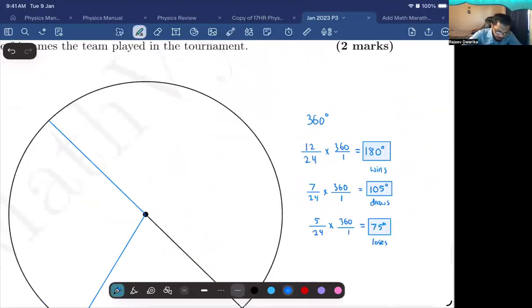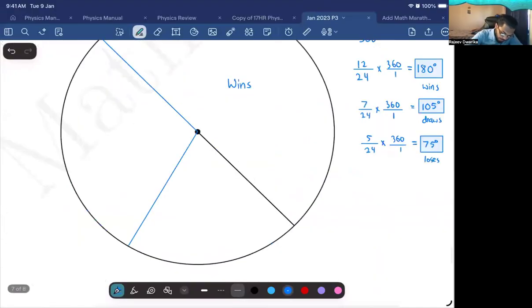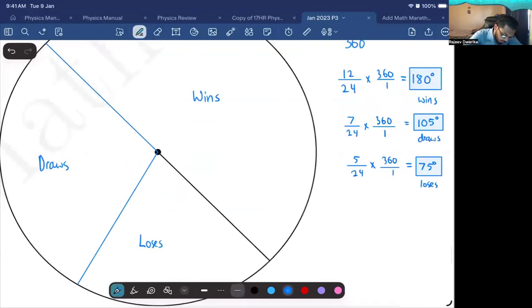So I'm going to put wins over here. This is wins. I'm going to put draws over here, and I'm going to put losses over here. I'm also going to put the angles. So this is 180 degrees, this is 105 degrees, and this over here is 75 degrees.